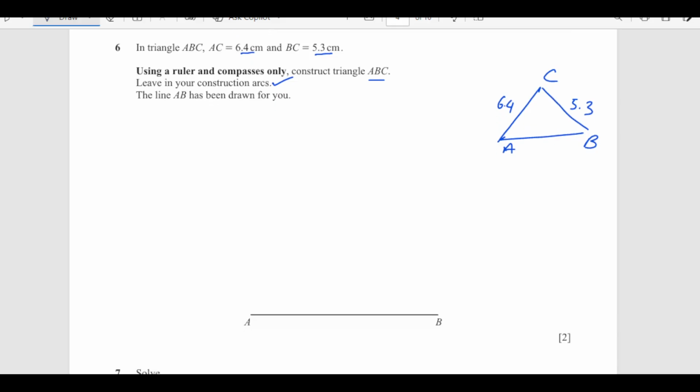You place the needle of the compass at point A and open the radius to 6.4, and draw an arc like this. Draw a bigger arc so that you don't have to guess where the other line is going to meet.